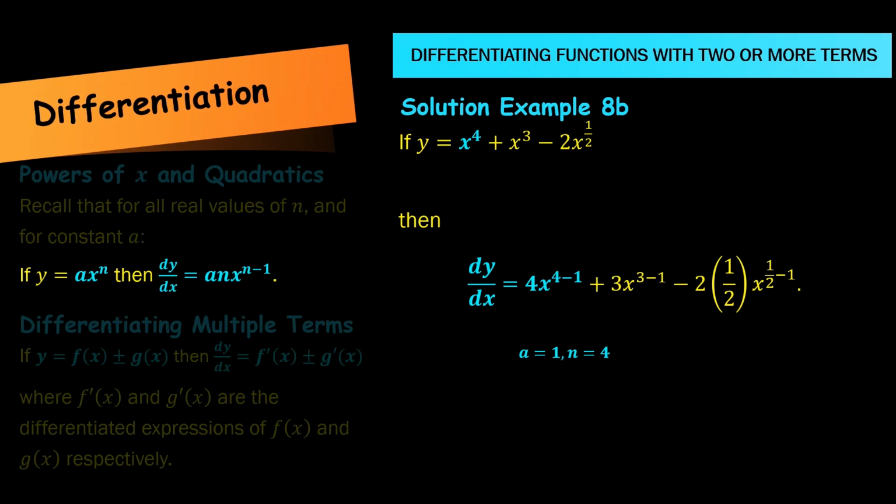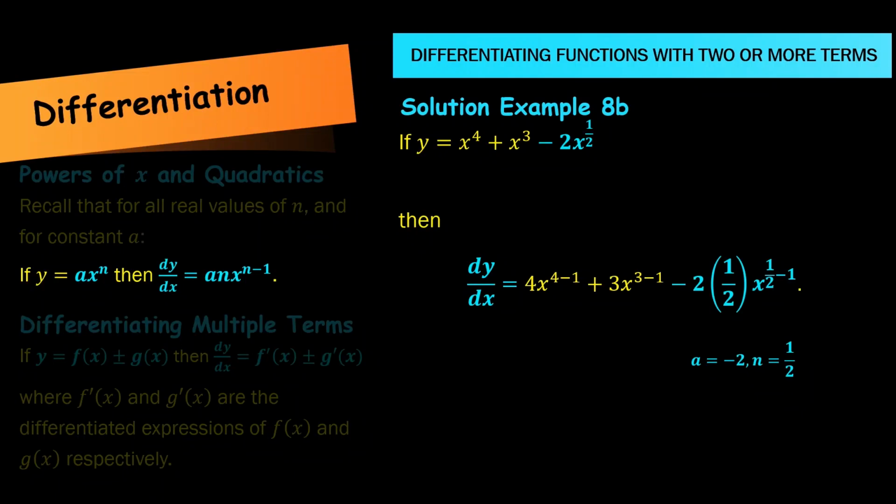For the term x cubed, we have a equals 1 and n equals 3. And hence dy/dx equals 3 times x to the 3 minus 1. And finally, for the term minus 2x to the power a half, a is equal to minus 2 and n is equal to a half.